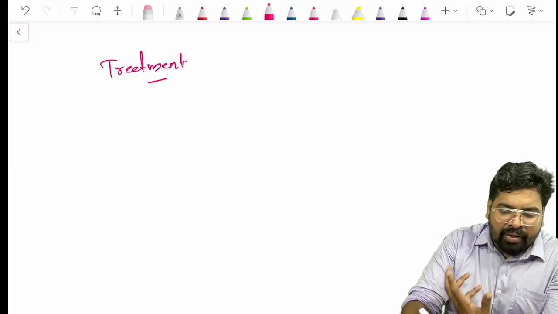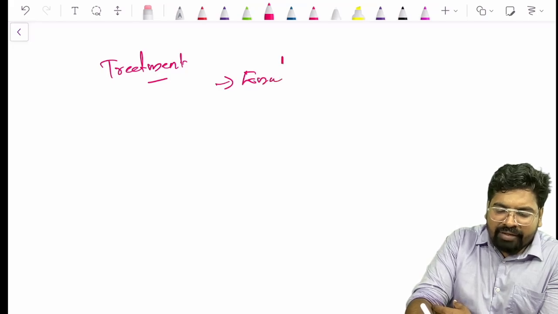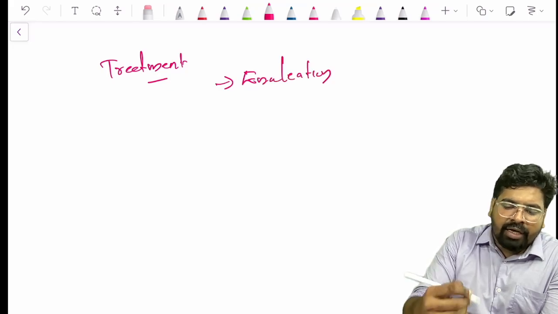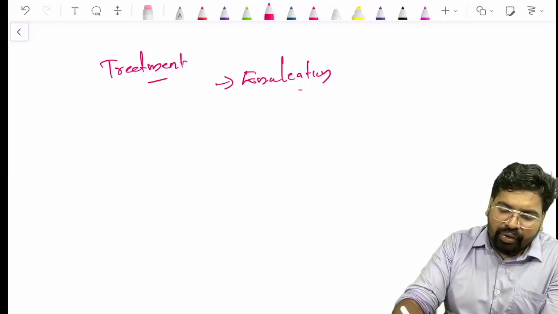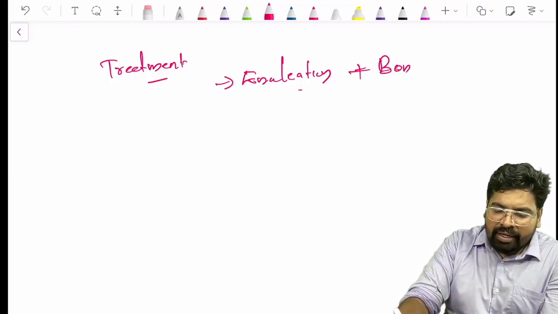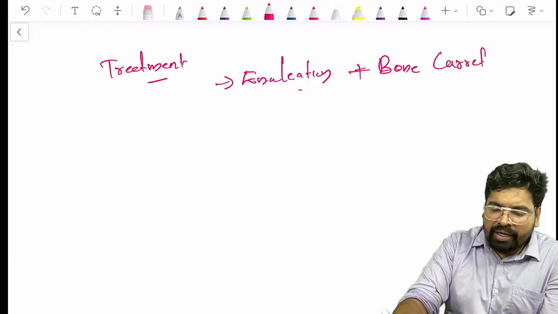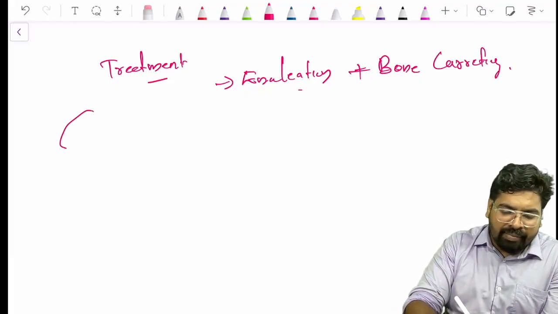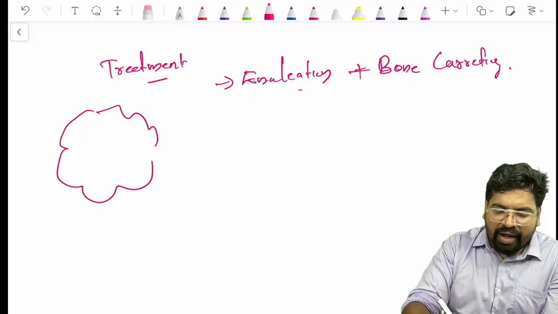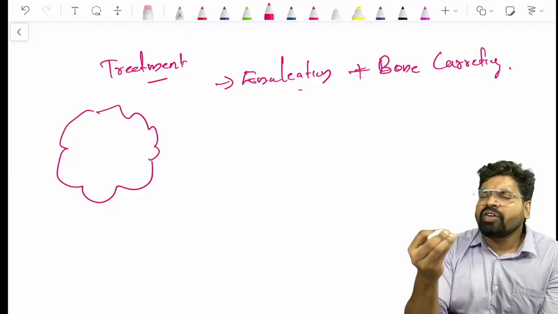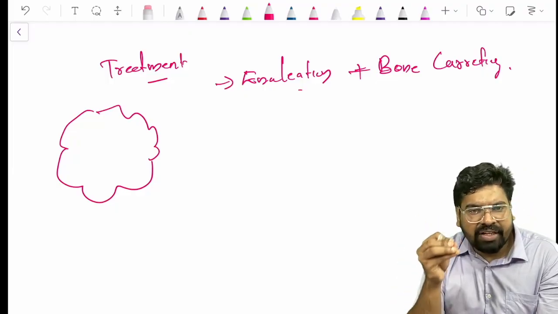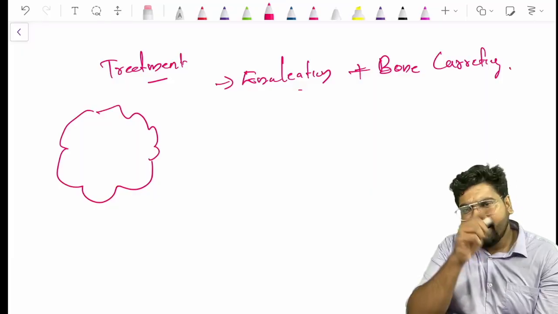You can enucleate it, but simple enucleation is not sufficient. You have to do bone curettage, because you know that the margins are scalloped. When you try to remove this, some remnants of this OKC will still be present within the bone. So the margins are very scalloped.